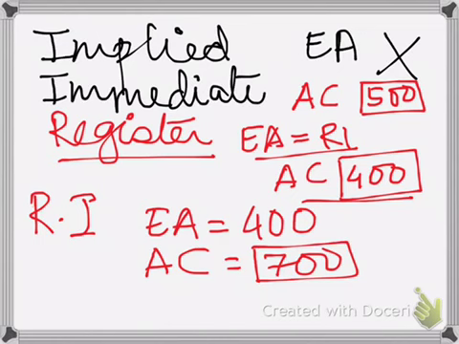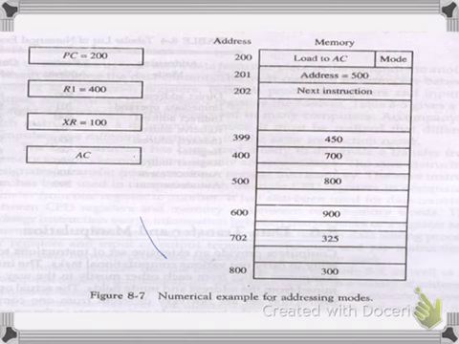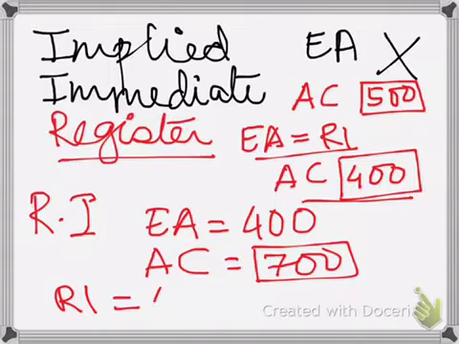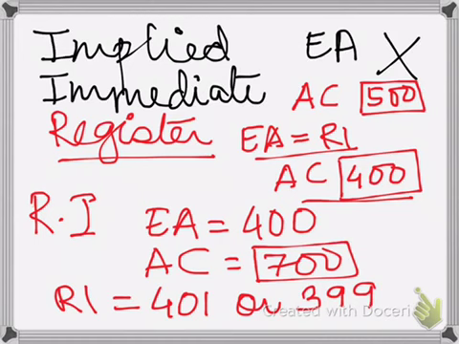The only thing that will happen is that the contents of register R1, which was containing 400, will now contain either 401 if it is auto increment or 399 if it is auto decrement. So only the contents of register R1 will change, whereas our effective address and the contents of the accumulator remain the same. Okay, then let us come to direct.